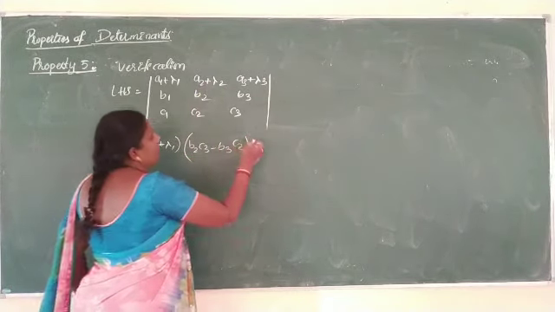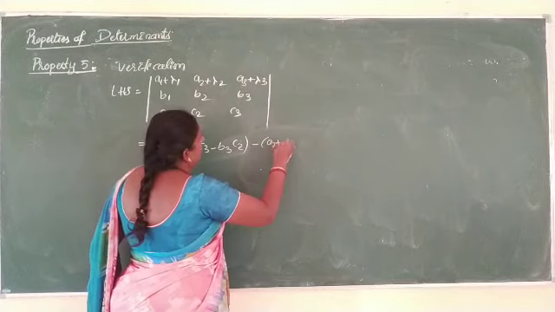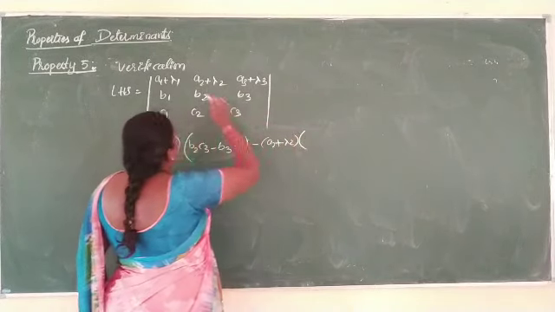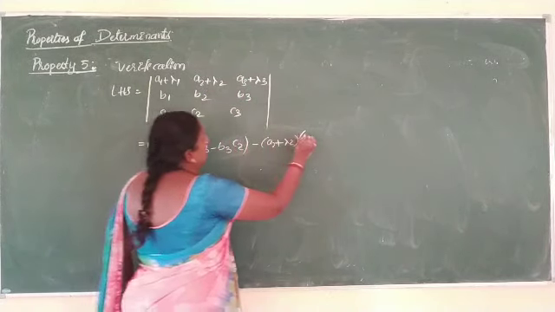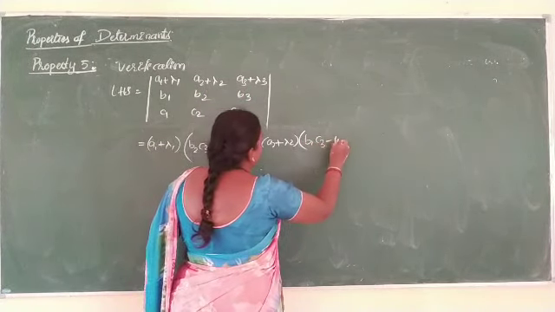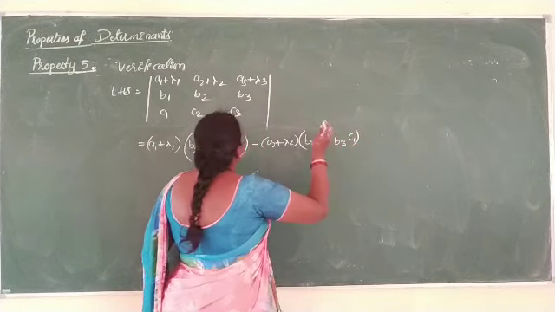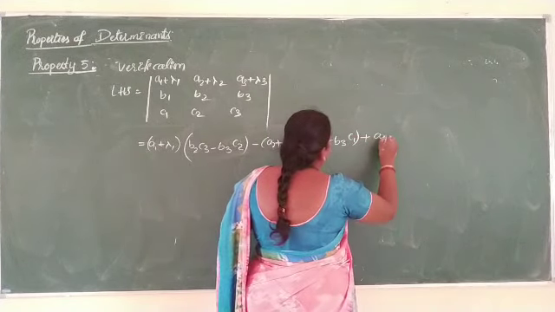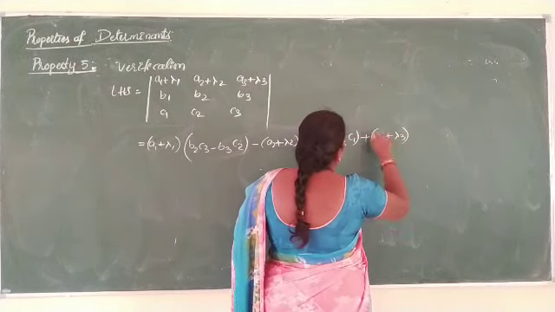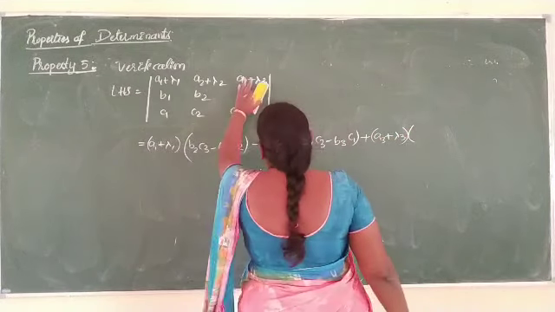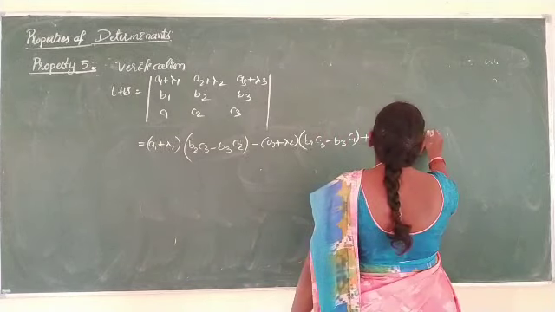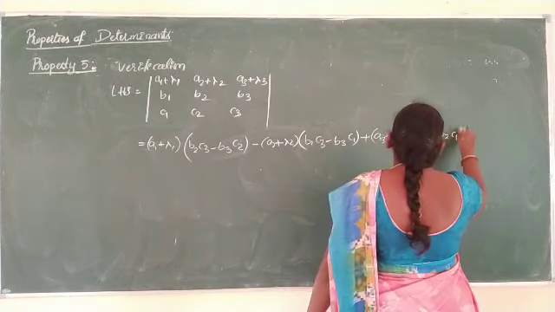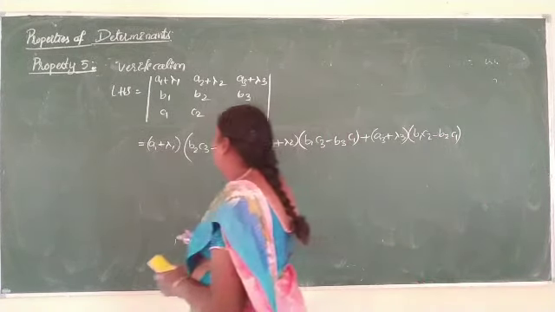Later this term minus a2 plus lambda 2 into, as this row and column get cancelled, b1 c3 minus b3 c1. And the last one plus a3 plus lambda 3 into, as this row and column get cancelled, b1 c2 minus b2 c1. After that we can expand this.